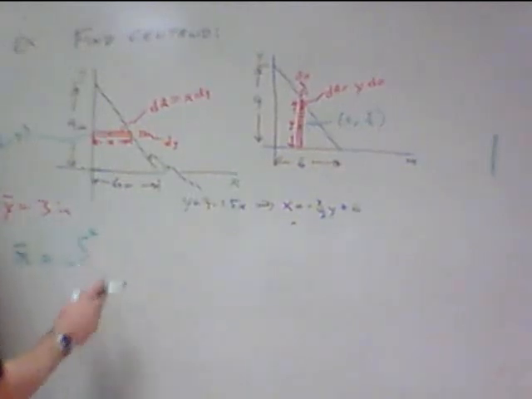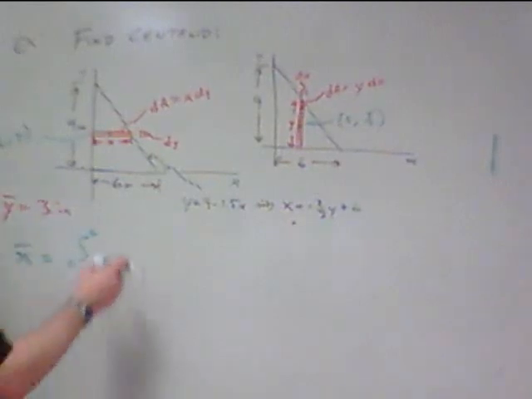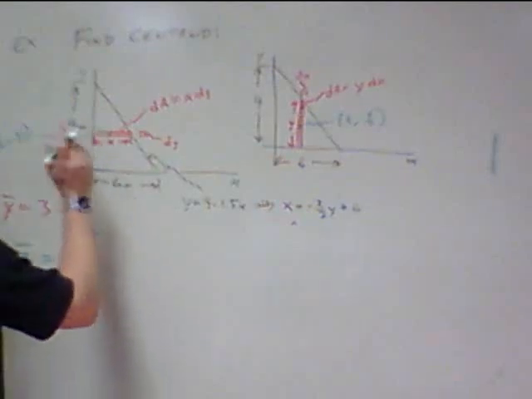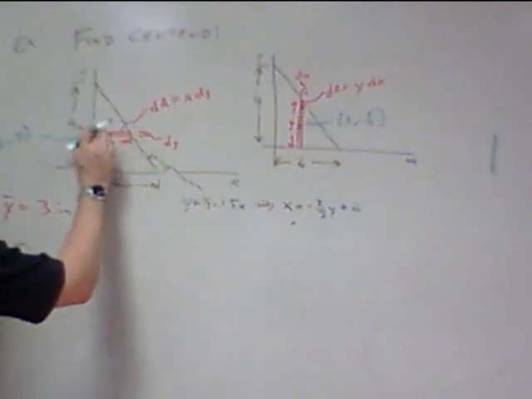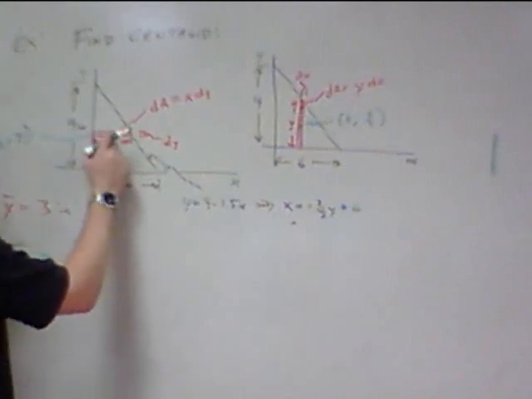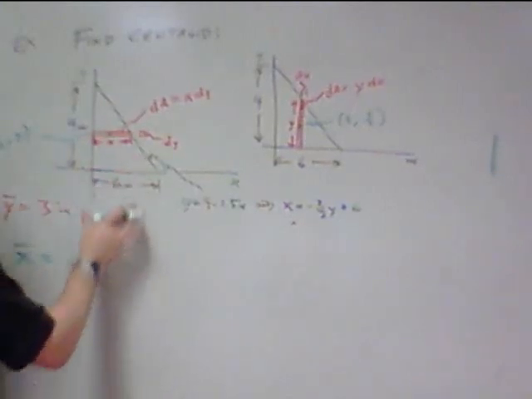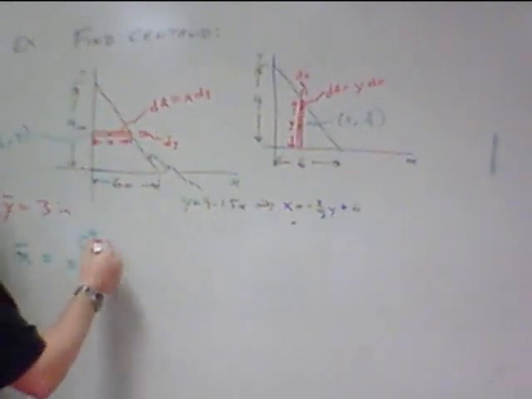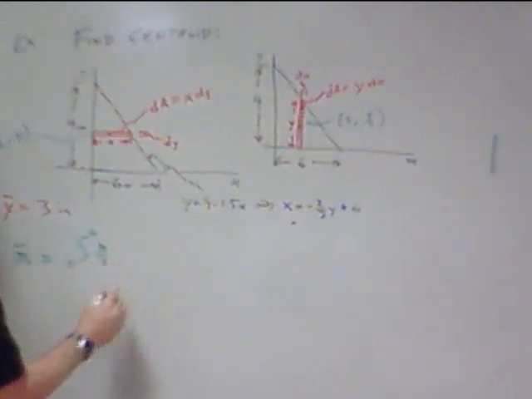This first term here is the length of the moment arm, in this case, the x position of the centroid of our little differential element. So it's not just x, it's actually x over 2, okay? Because we're summing up the moments about the range from 0 to x. So it's going to be x over 2, okay?